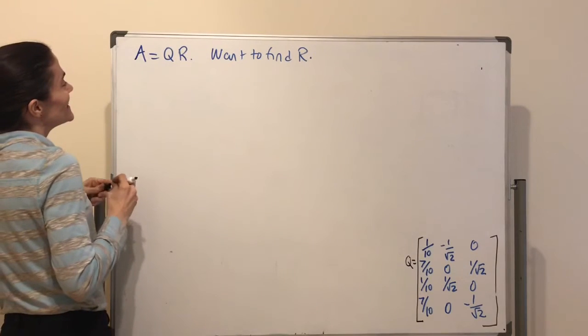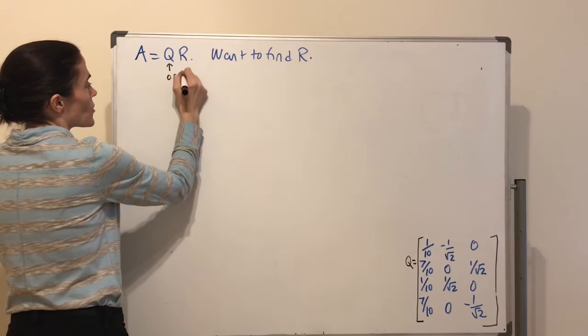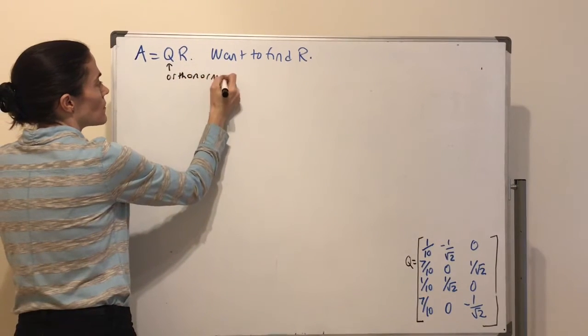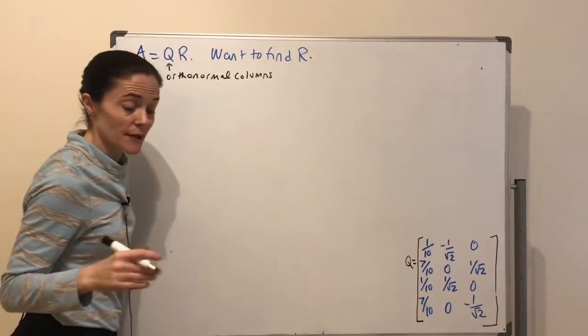What do we know about this? We know the orthonormal columns. In particular, the columns are linearly independent.